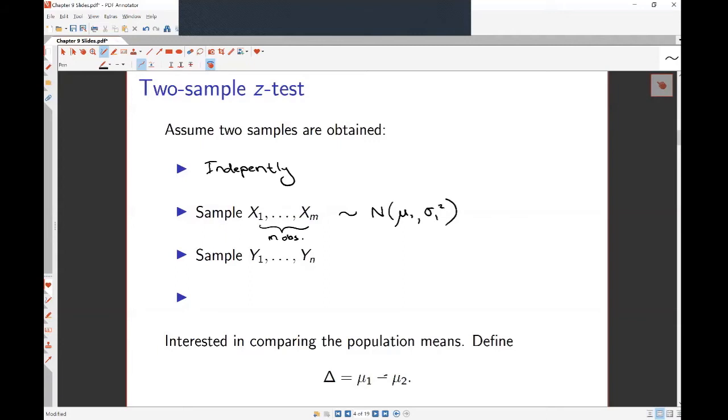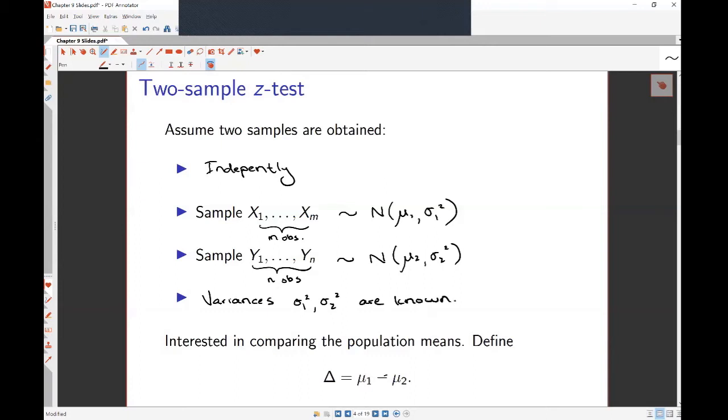And then we're going to have a second sample, y1 through yn, so n different observations, and each of these is drawn from a population with a mean of mu2 and a variance of sigma 2 squared. And to keep things simple at first, we are going to assume that the variances sigma 1 squared and sigma 2 squared are known.